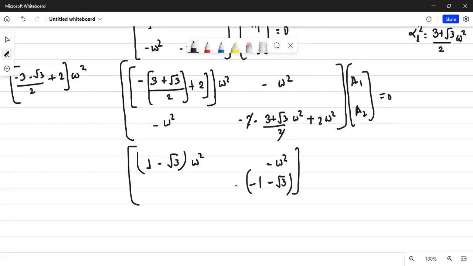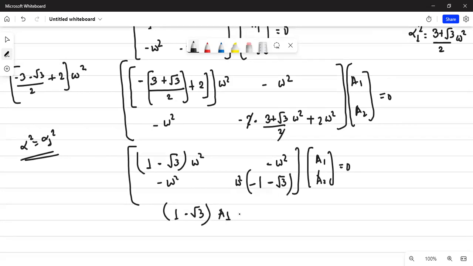This will again have some omega square written here, and again omega square written here, and this will be a1 a2 equal to 0. So instead of alpha square, I have written alpha 1 square, and the relation I'm getting between a1 and a2 is 1 minus root 3 by 2 times a1, and then again a2 equal to 0.